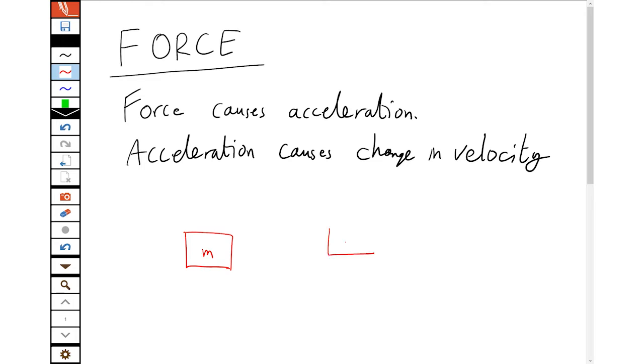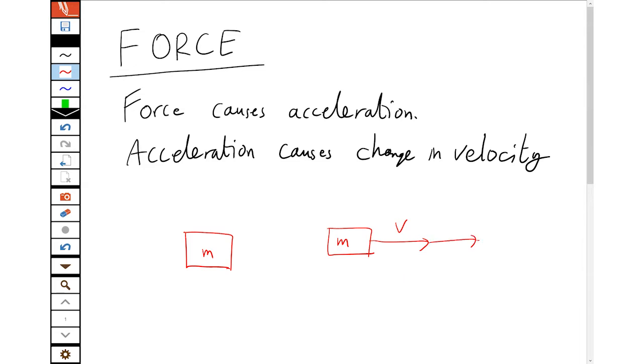Or another case, if you have a mass flying through deep space with a certain velocity, which to some sounds horrifying, but honestly often sounds peaceful. If it's flying along with a certain velocity, if there's no external forces, then there's no acceleration. So that velocity won't change.